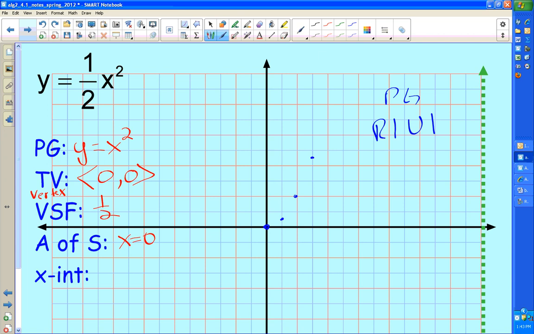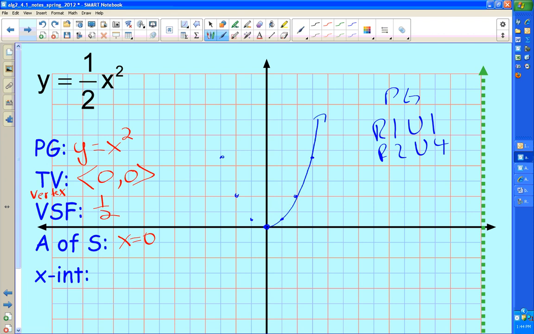Then you go right 2, then instead of going up 2, in the parent graph, what do you do? Right 2, up 4. Oh, 4. Okay. Gotcha. I get it. And then it would be identical on the left side. Left 1, up 1/2, left 2, up 2, and left 3, up 4.5.